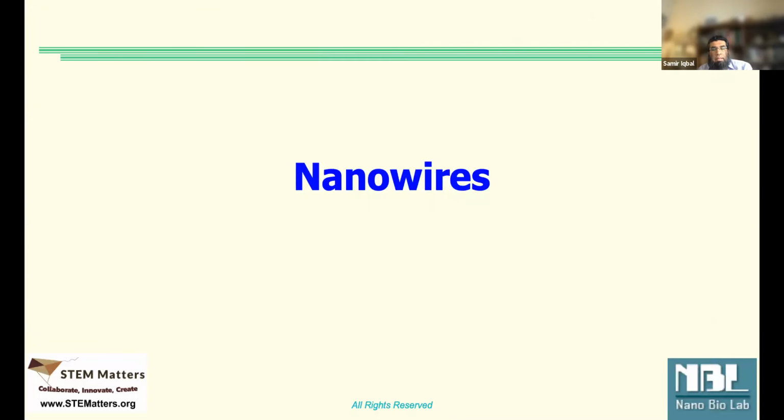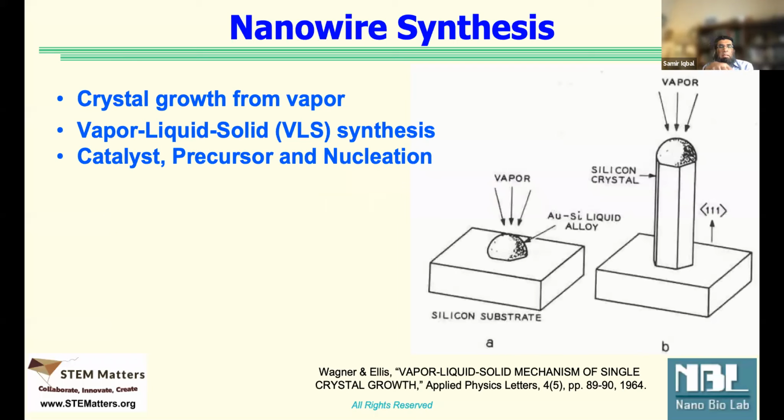Like in this example I was showing where they could place a gold particle at a specific place, that is the first step in creating nanowires, and we'll talk about that here. What we do is place a particle at a specific location.